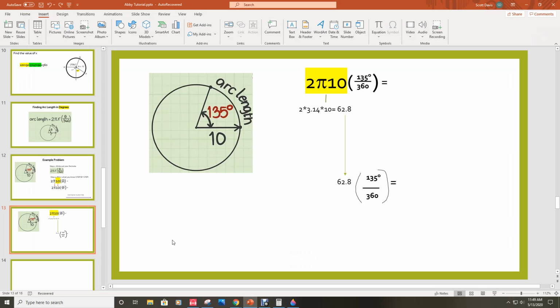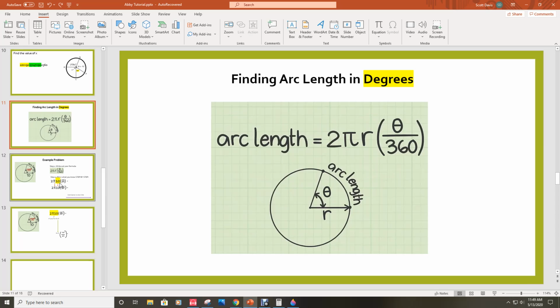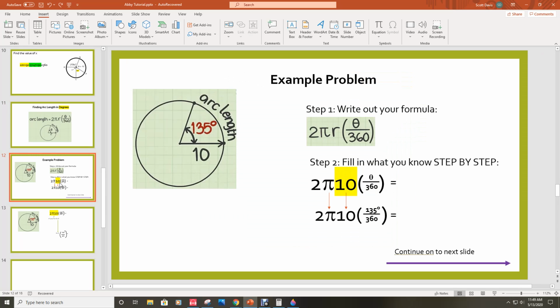So, let me make sure I have not confused you entirely to death. We said we write out our formula, 2 pi r times central angle divided by 360. Step 2, fill in what you know step by step. So, first step, 2 pi r. We had 10. And then I continued writing my formula.